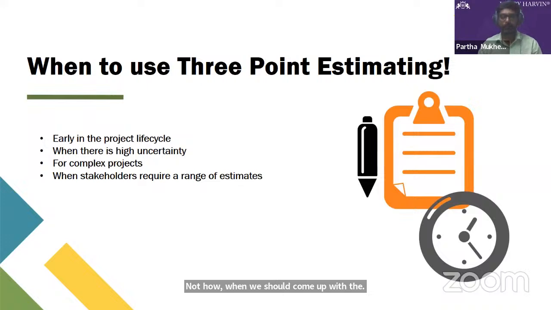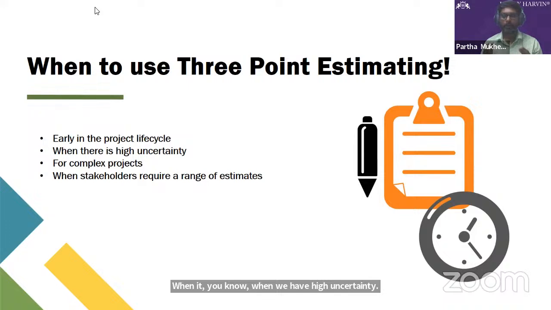First thing, 3-point estimation we can perform early in the project life cycle. So 3-point estimating is especially useful in the early project stages when the least information about the project is available. It is very useful when we have a high degree of uncertainty basically.